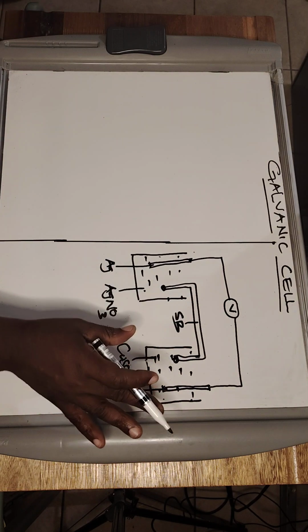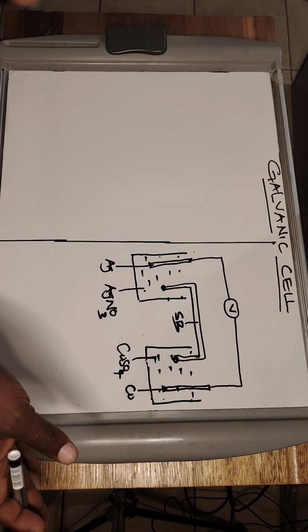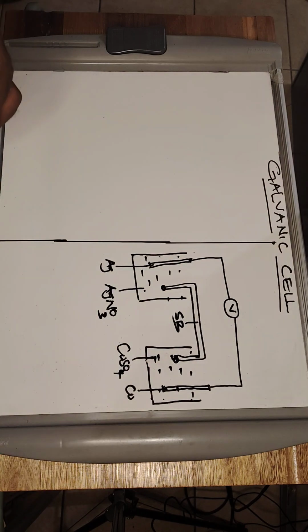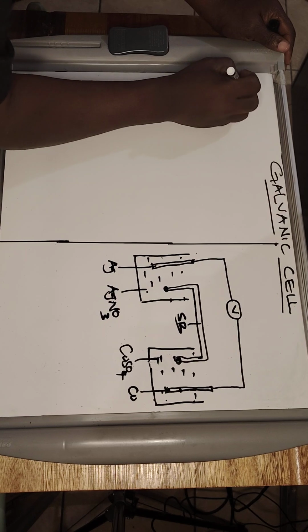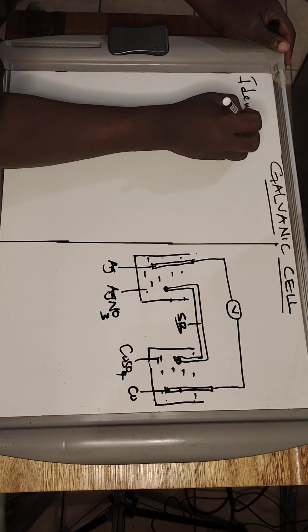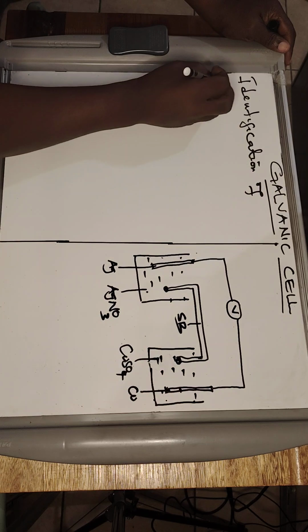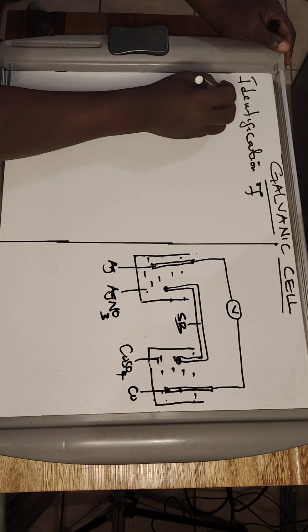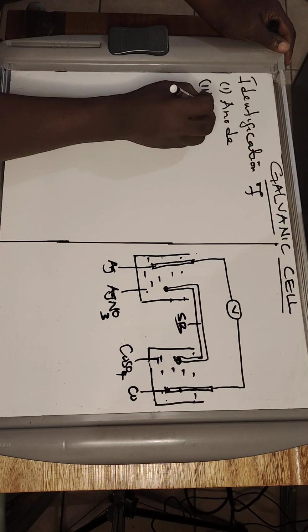One of these half cells is positive, and the other one is negative. So let's look at here: identification of anode and cathode.